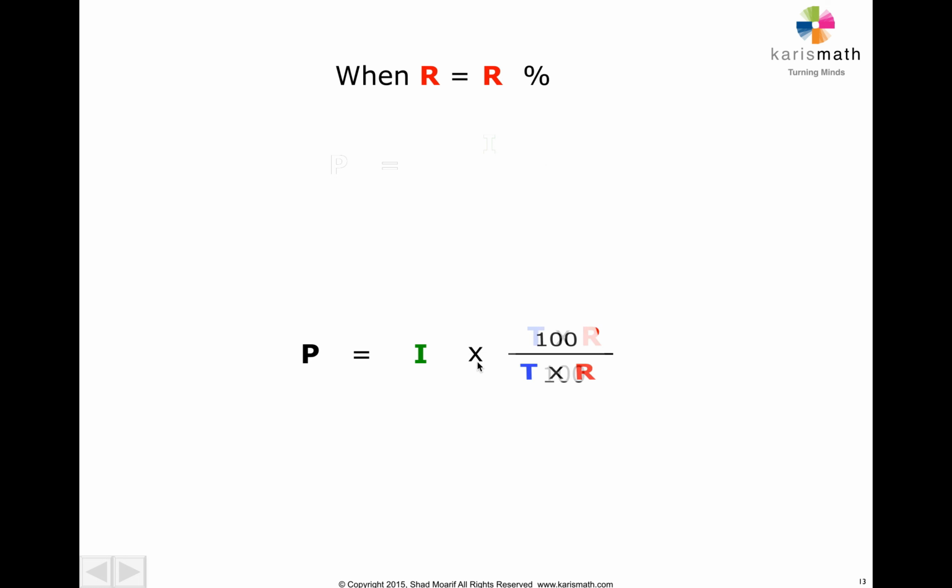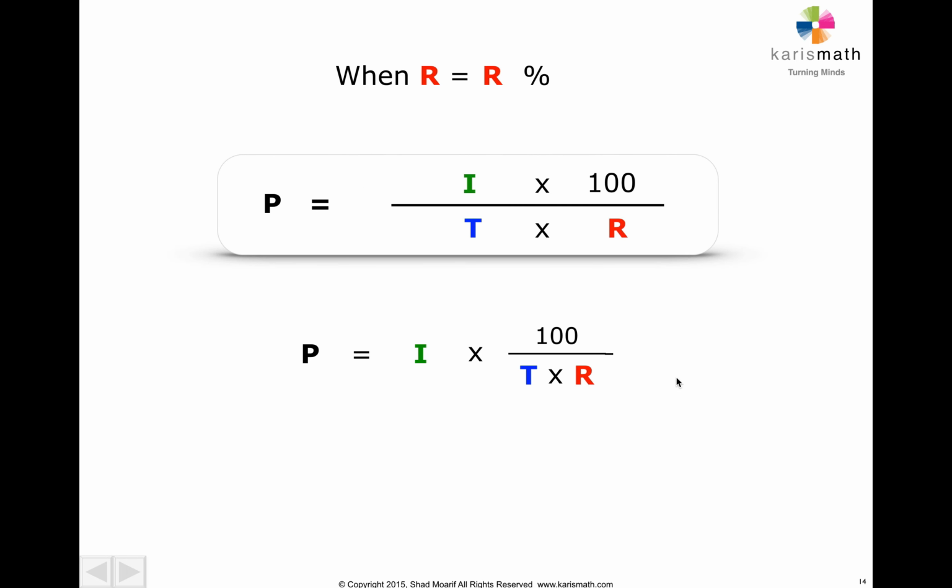If you multiply it, you flip it over. And so you've got 1 times 100 over T times R. And that's why we get that. This is the second algorithm or formula you finally got. P equals I times 100 over T times R. And that's where you begin the next bit.